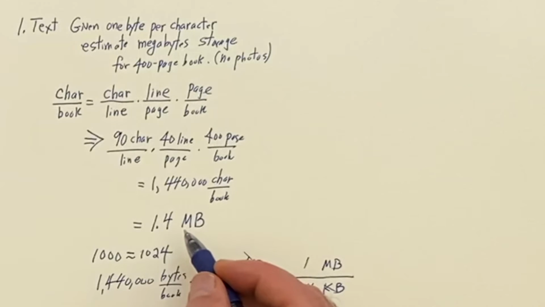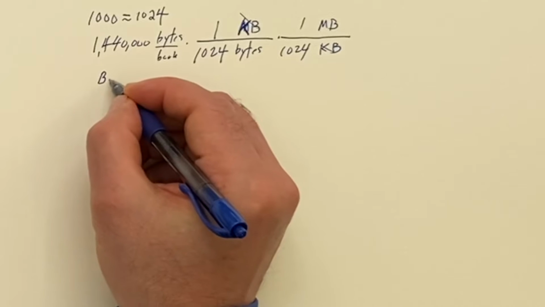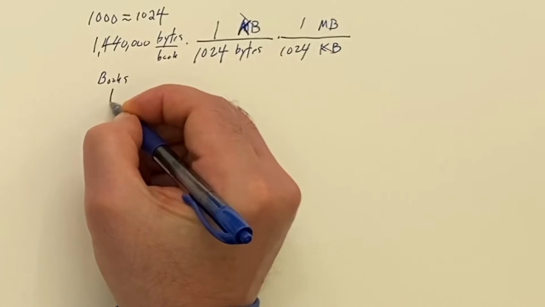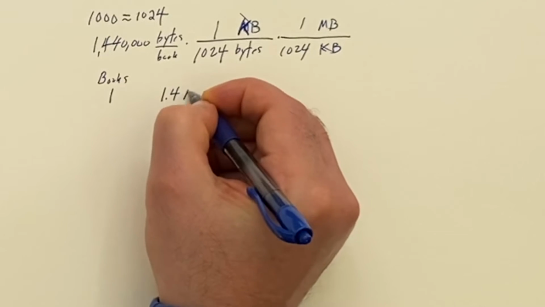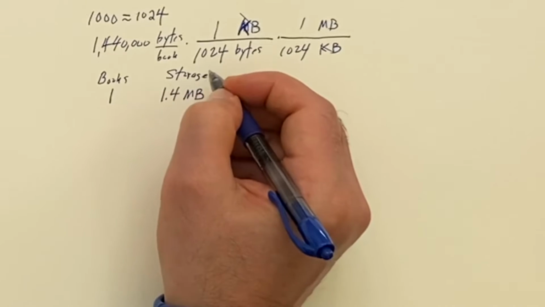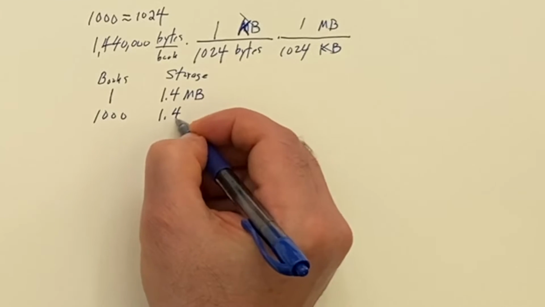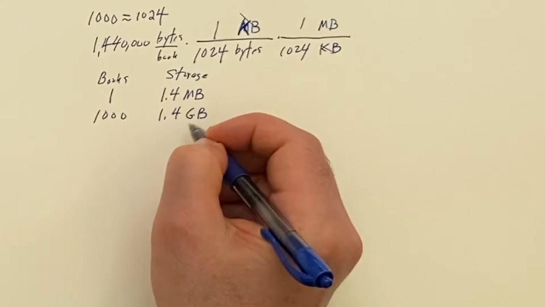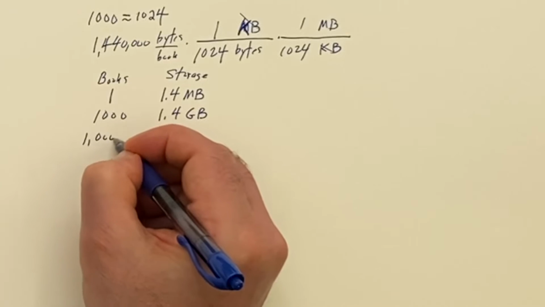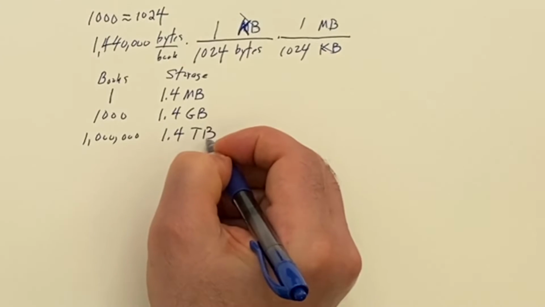That's it. So if we have the number of books, one book would be 1.4 megabytes. That's the storage. And then 1,000 books, you can just make this gigabytes. And then 1,000,000 books, 1.4 terabytes.